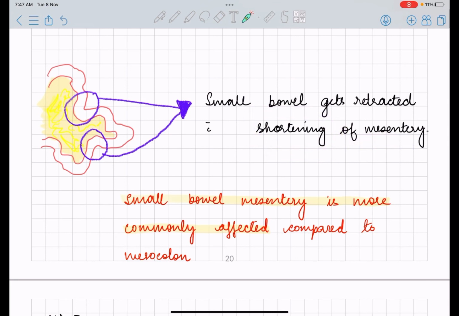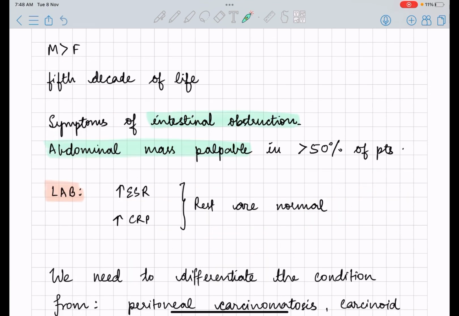The small bowel mesentery is more commonly affected compared to the mesocolon. Sclerosing mesenteritis is more common in males and usually affects people in the 5th decade of life.